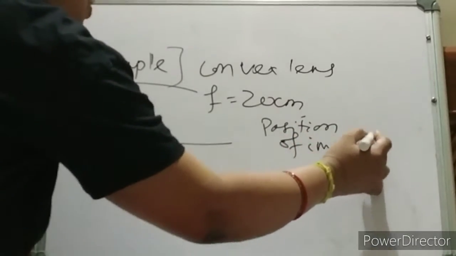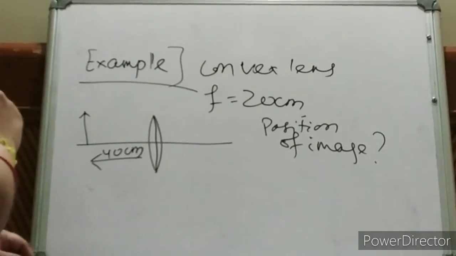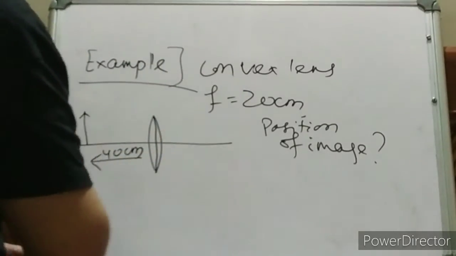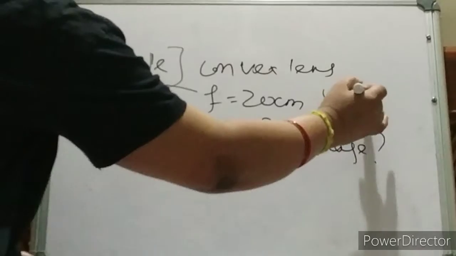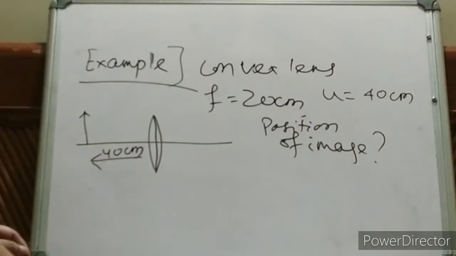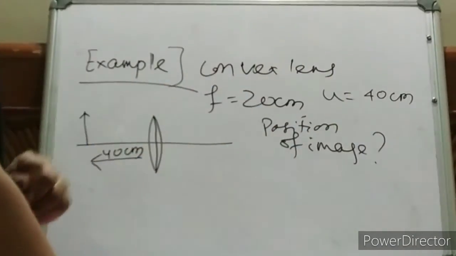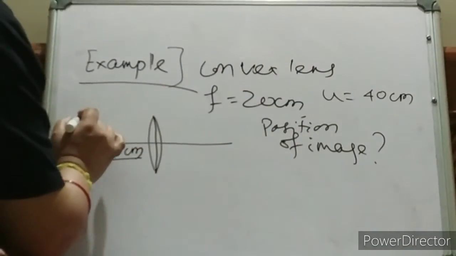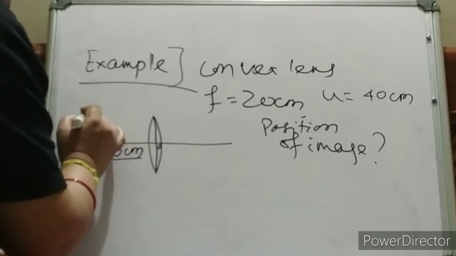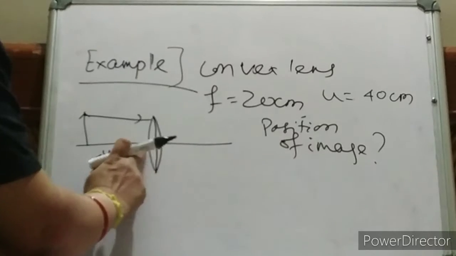Object distance is what is given: u is given as 40 centimeter. Now tell me, whether it will be positive or negative. Your incident ray of light will be like this, and all the distances are measured from the origin.